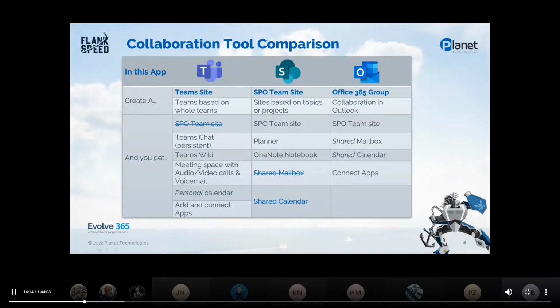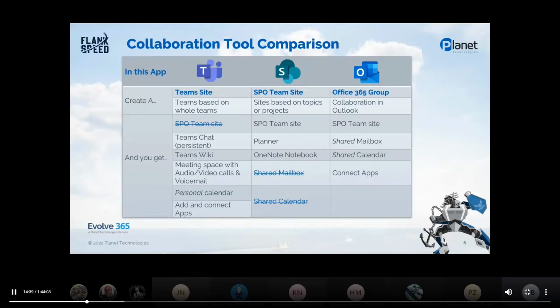So here we see the things that you get with each of the collaboration tools. Now, one of the tools we haven't talked about yet is the Office 365 group. You also hear this referred to as a Microsoft 365 group, and this is for collaboration within Outlook. It does give you a SharePoint online team site. It gives you a shared mailbox and a shared calendar.